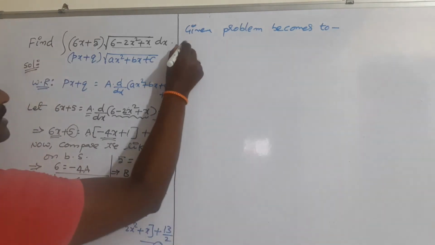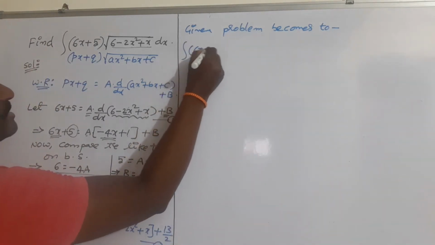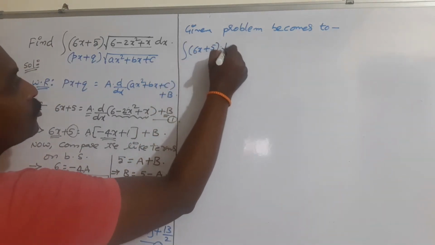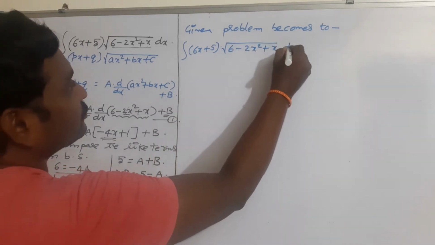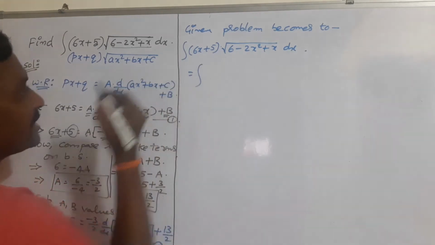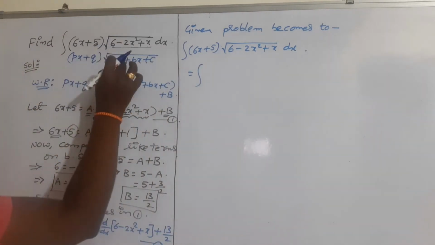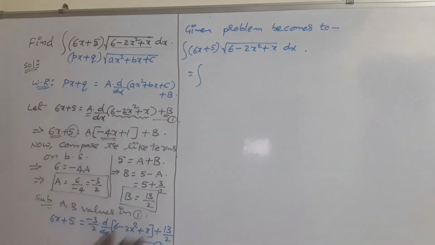So the integration of (6x plus 5) over the root of (6 minus 2x square plus x) into dx is equal to the integration of, first we consider the given problem and we replace the 6x plus 5 value here.